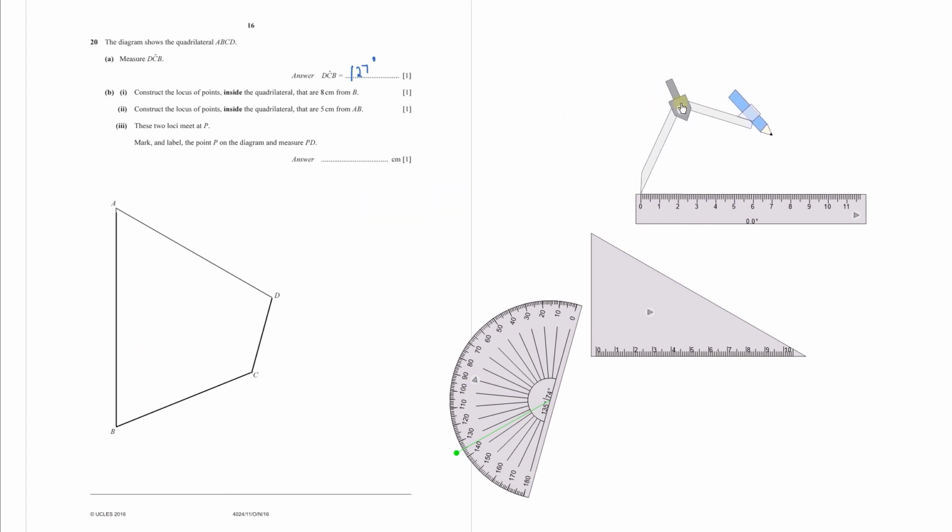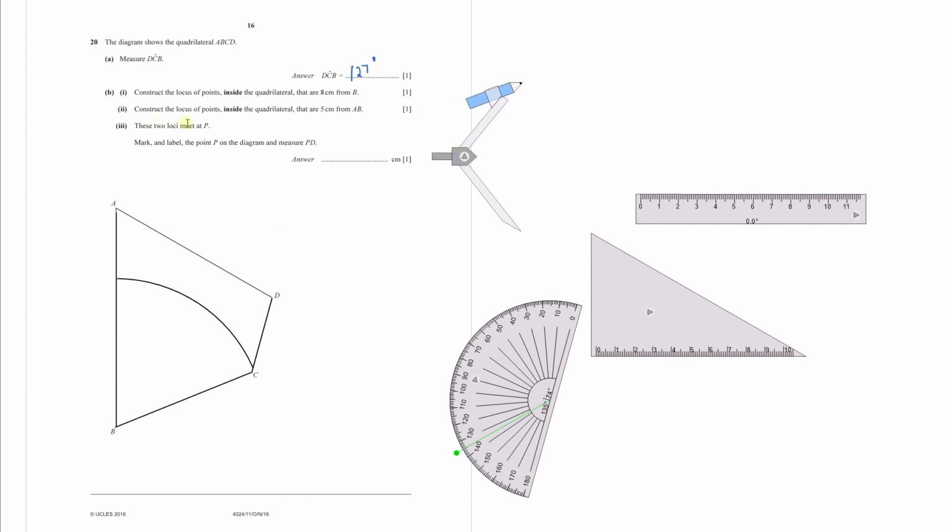Let me open it up to 8 again. Yeah, this is 8. So place it here at center B. Since you only have to draw inside this quadrilateral, it will start here and then go all the way up to this line. So you only have to remain inside this quadrilateral ABCD.